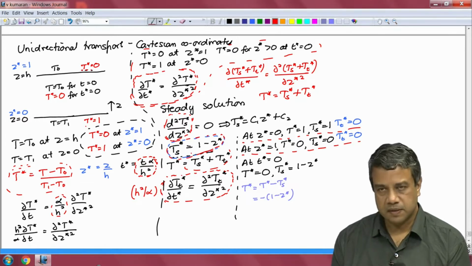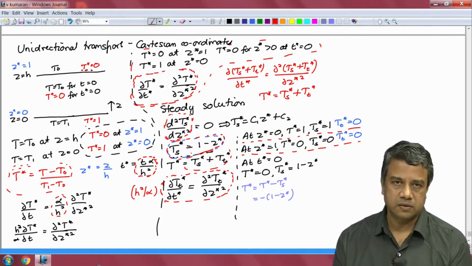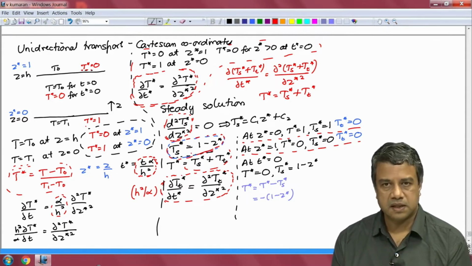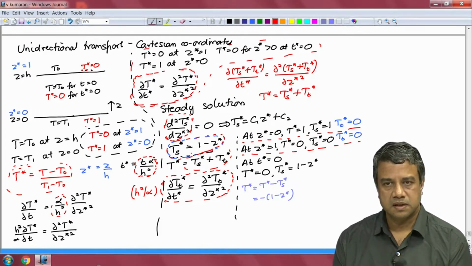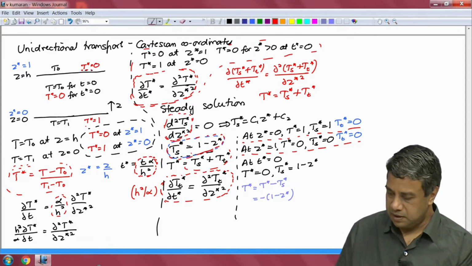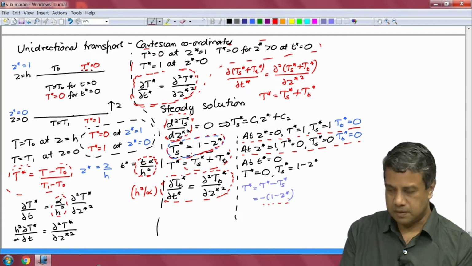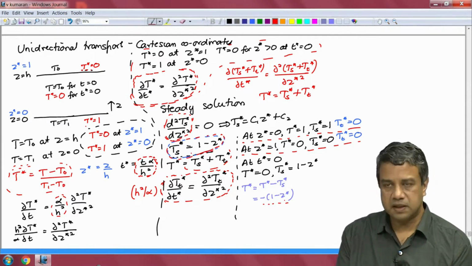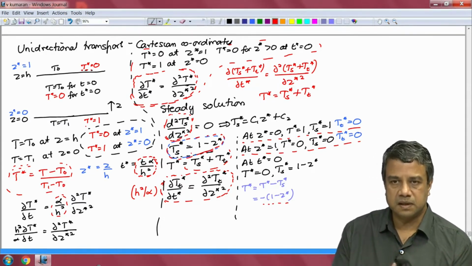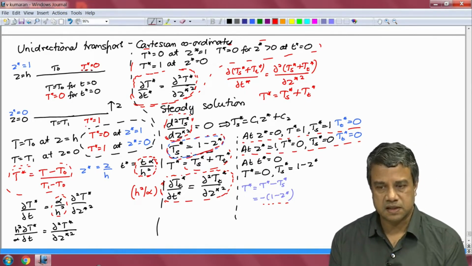At initial time, the temperature is 0 throughout the domain. The steady temperature is independent of time, and therefore, the transient temperature is basically just the negative of the steady temperature. So, the idea is that we have already determined the temperature at steady state.